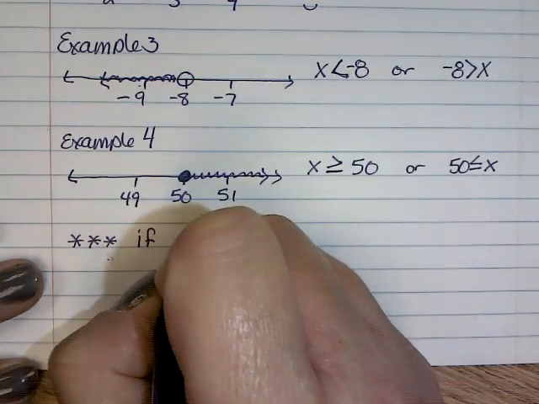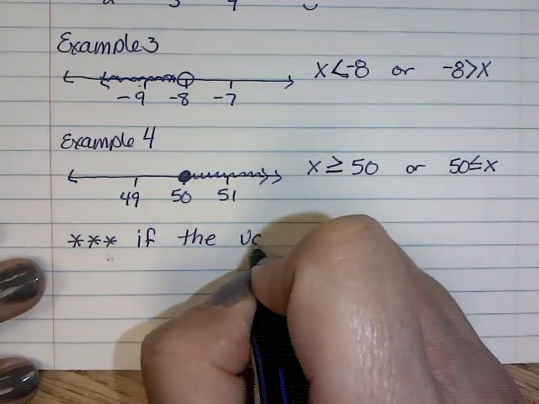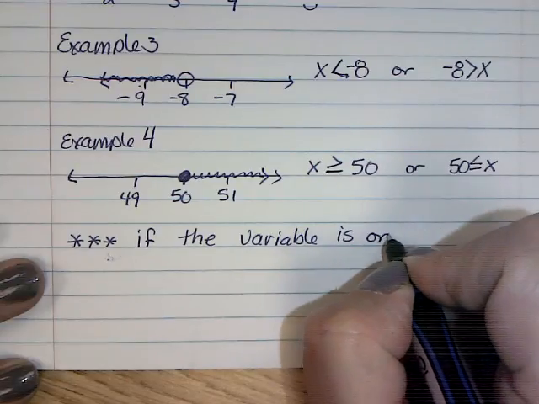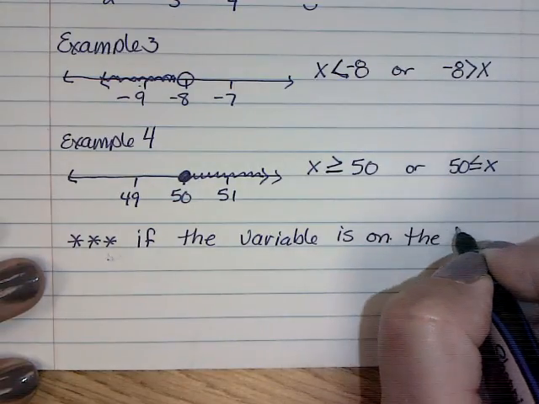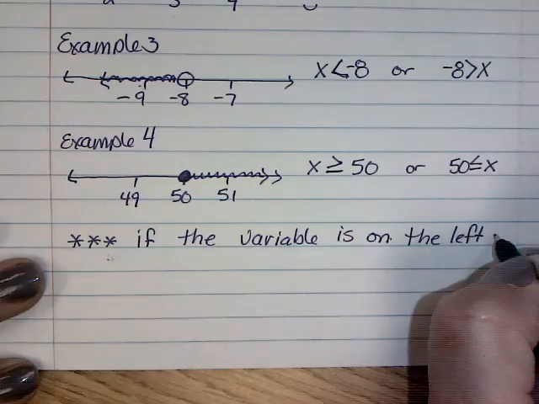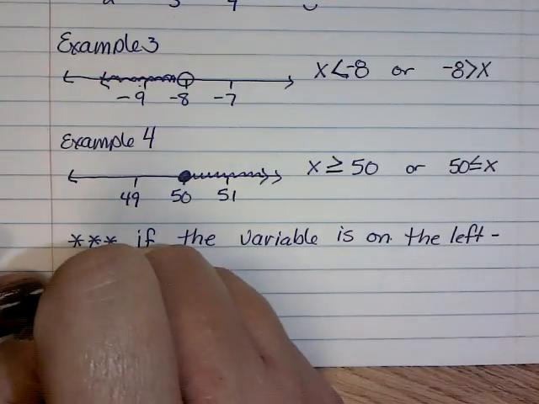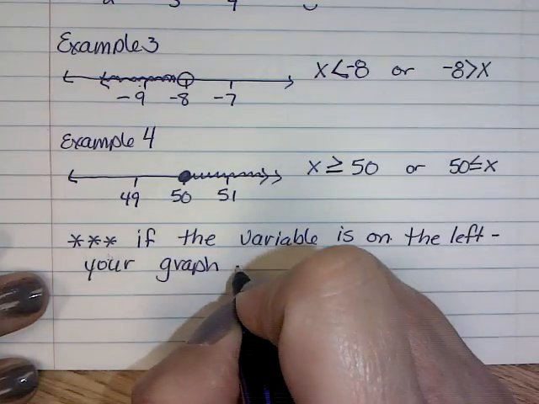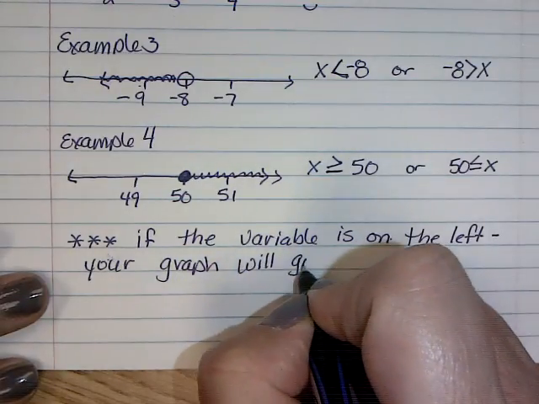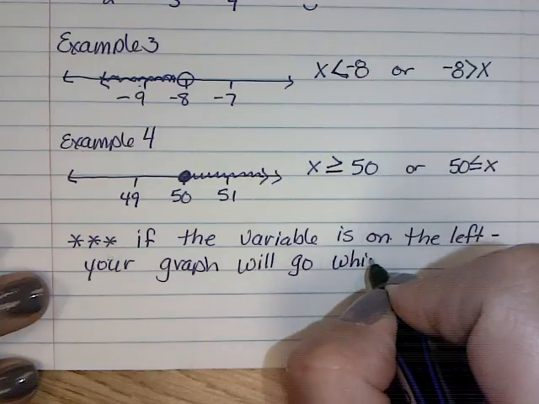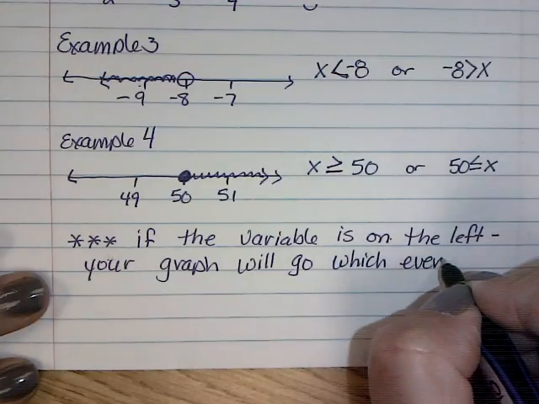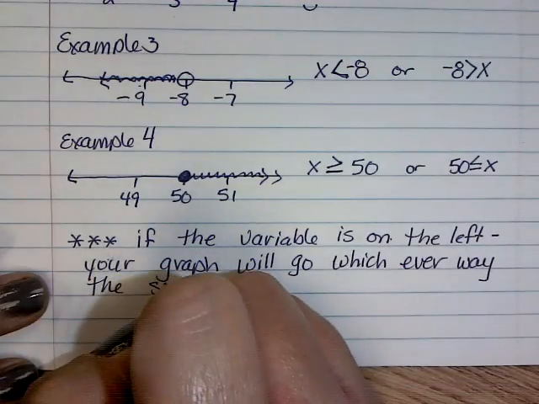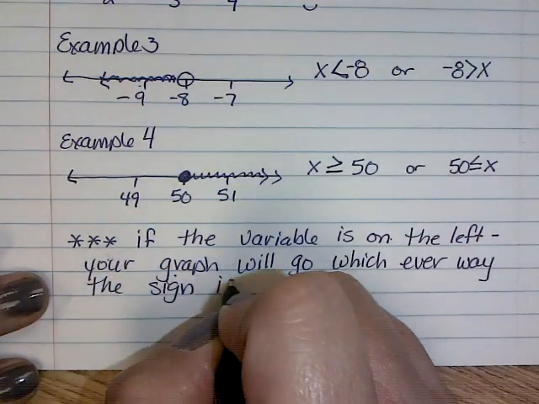If the variable is on the left, your graph will go whichever way the sign is showing.